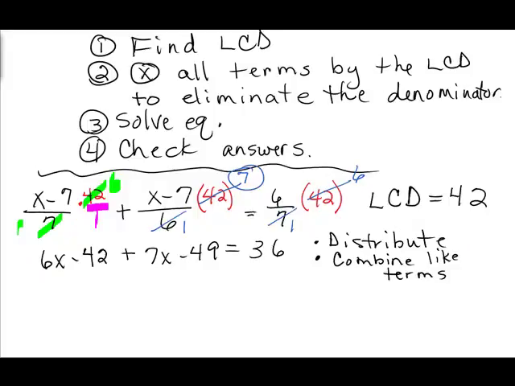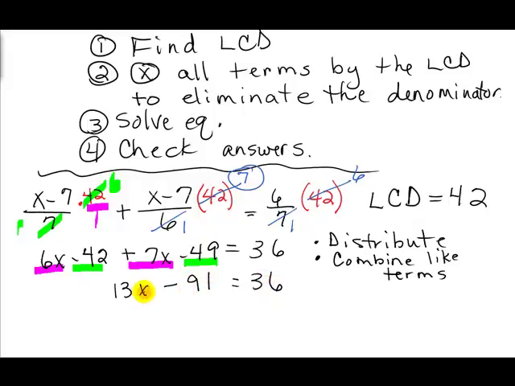So we're going to put together the x's, include the sign that is in front of the number, and keep this equal sign lined up and come straight down. So 6 plus 7 will give us 13x. Negative 42 minus 49 will give me a negative 91.